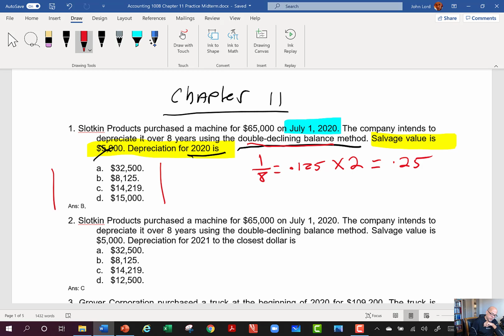Now, since I'm not using the salvage value under double declining balance, I'm going to take that 65,000 and multiply it by 0.25. When I do that, I get 16,250. Now that would be the depreciation for year 1 if I had purchased the equipment at the start of the year.